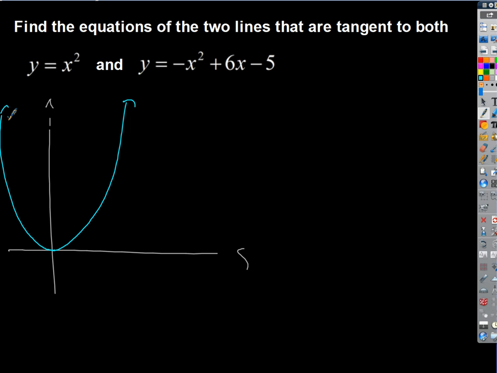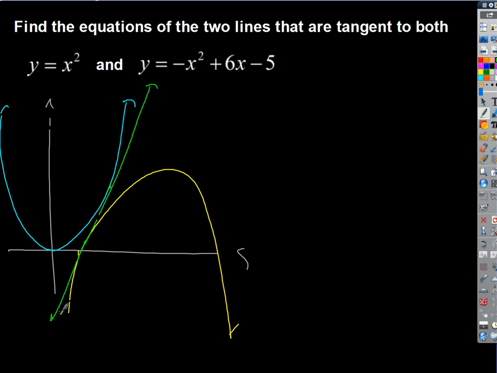Negative 6, so 5 and 1 would be the intercepts. So something like this. That's pretty bad, but you get the idea. Okay, so let's say here's one of our tangent lines. It's going to go between those two points of tangency.